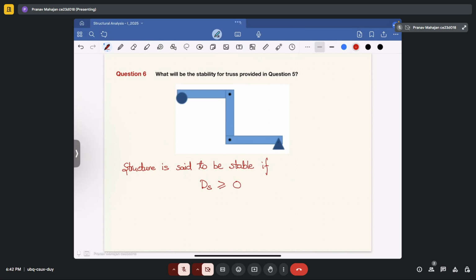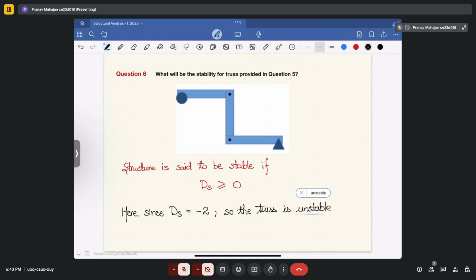If it is less than 0, the structure is considered to be unstable. Okay, so here, since degree of static indeterminacy is coming out to be equal to minus 2, the truss is unstable.